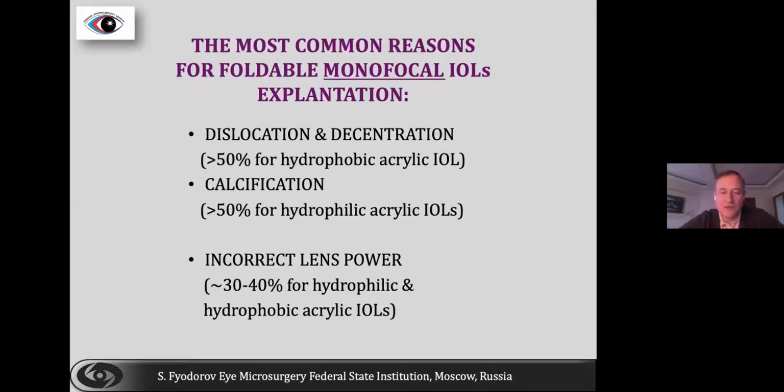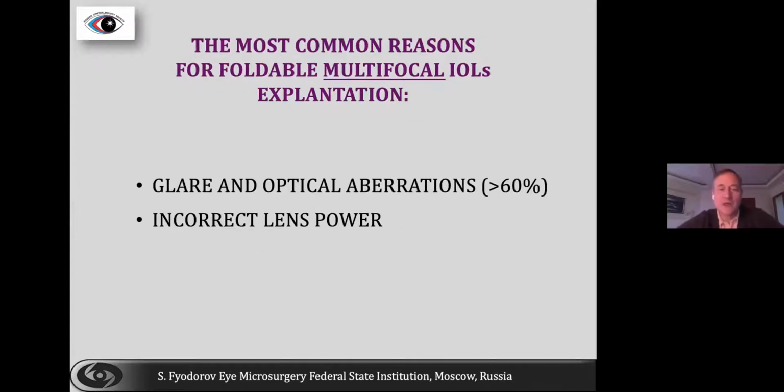One of the reasons could be incorrect lens power, which happens in many cases. As already mentioned by Dr. Iol, optical aberrations and blurry vision in more than 60% is the reason for multifocal IOL implantation. But sometimes it happens because of incorrect lens power, and some power adjustment can be done either by exchange or by some other methods.